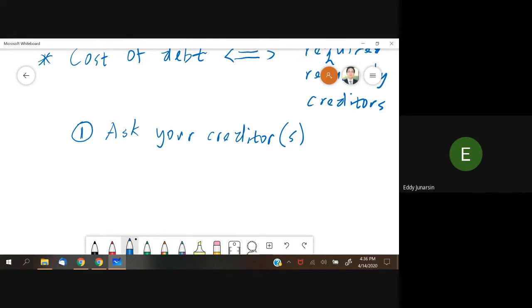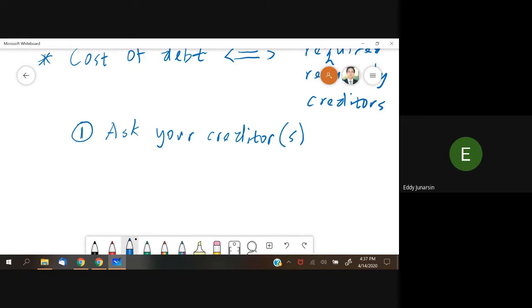Of course, although this is the easiest and even the most valid approach to estimating the cost of debt, because again, the quotes really come from your potential creditors. Okay, so the first method. So if you choose not to use the easiest and also the most valid method, then you have to think about other approaches.